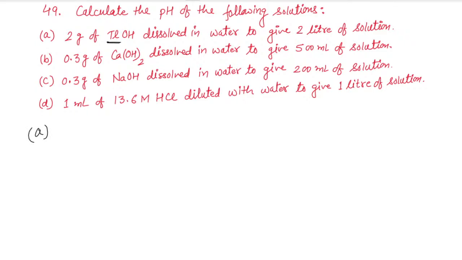So now let us calculate the pH of 2 gram of thallium hydroxide dissolved in water to give 2 liter of solution. First of all we have to calculate the molarity of thallium hydroxide.